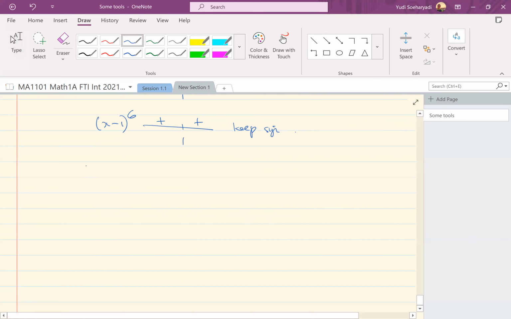Last thing today is about absolute value. Okay, so let x be a real number.